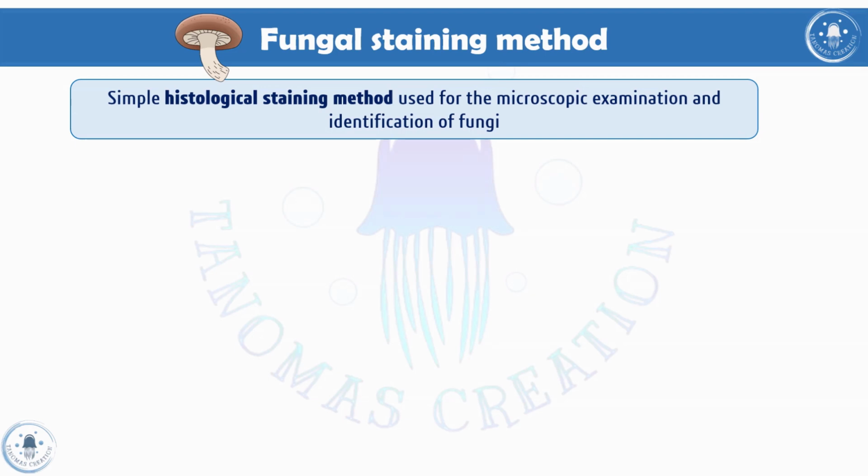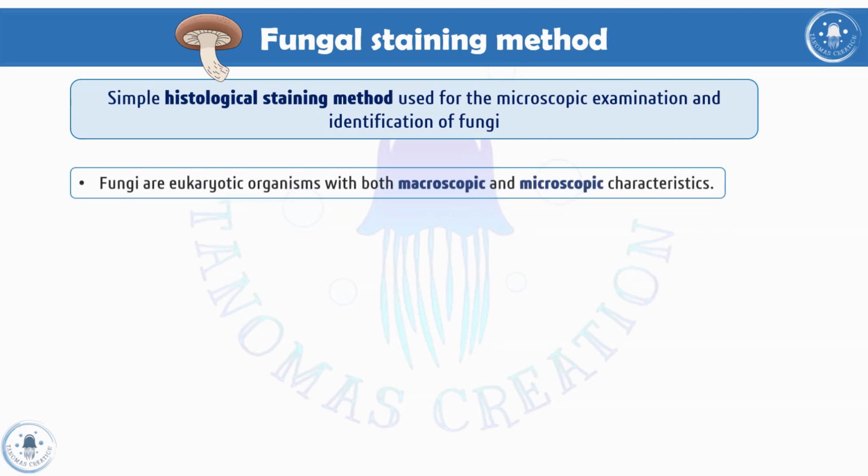If you haven't watched it, you can go and check it out. From there we understood that differential staining procedures identify structures, and based on the structure they can identify what type of microorganisms they are. So this fungal staining method is a type of differential staining method.